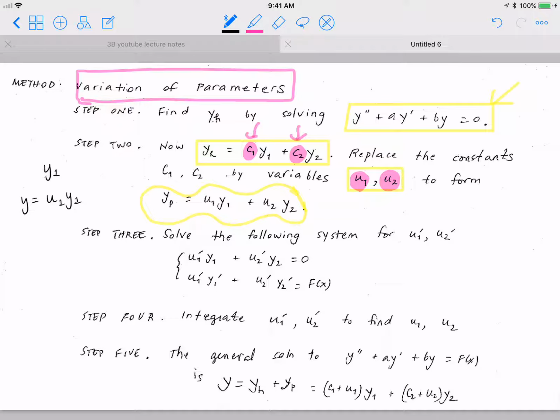And then we found out that if y1 solves the homogeneous version of the differential equation, then, does this sound familiar? So we said if y1 solved the homogeneous version of the first order linear differential equation, then we came up with an equation that u1 had to solve, right?